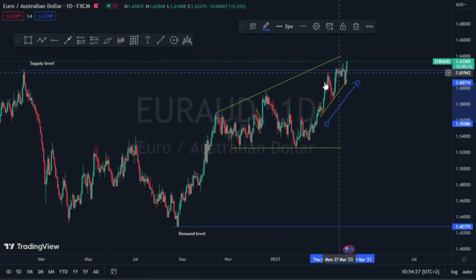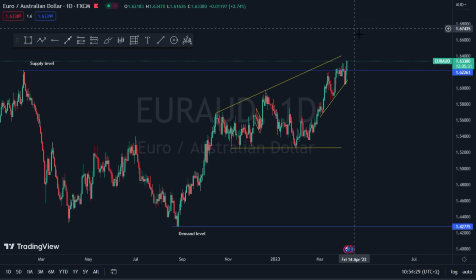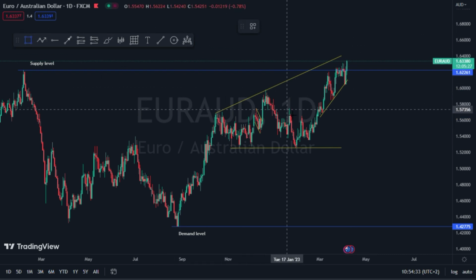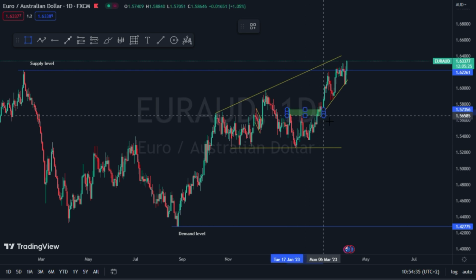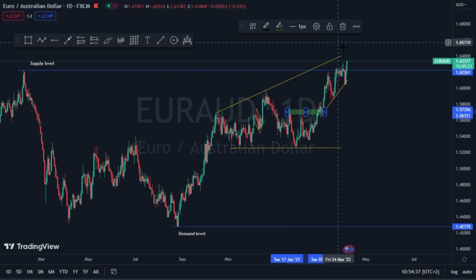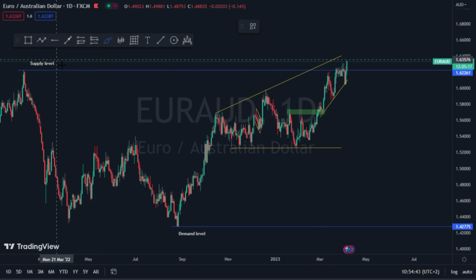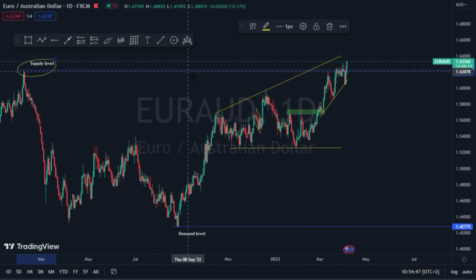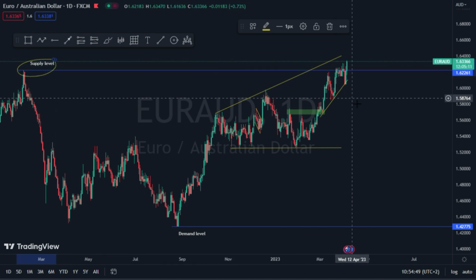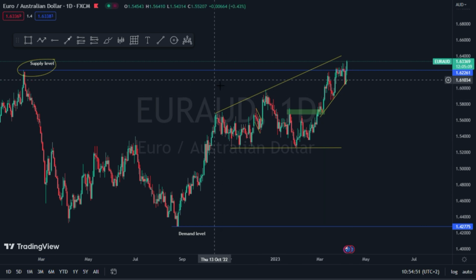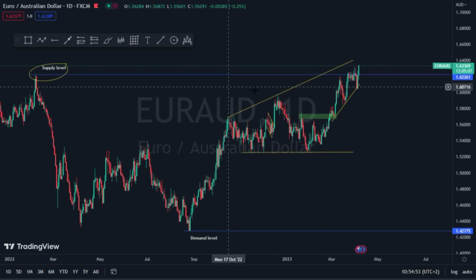So this whole move was expected, because as soon as we had broken above these levels right here, we already knew that we were just coming back to these areas of value on my left side, right? So now that the market is approaching that level, actually the market has already approached that level.